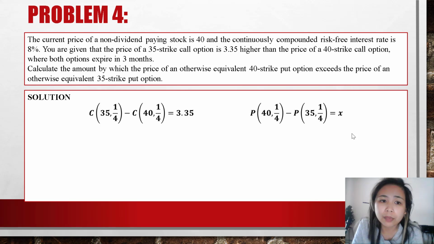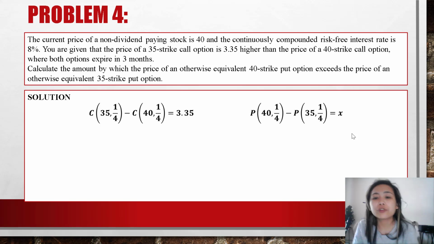The question asks for the amount by which the price of an otherwise equivalent 40 strike put option exceeds the price of an otherwise equivalent 35 strike put option. So we have P(40,1/4) minus P(35,1/4), which is what we have to evaluate, and I call this X. So our job is to solve for X.